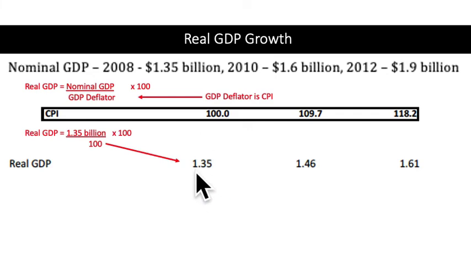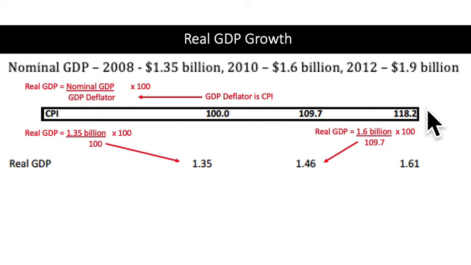So there's no backing out of prices because that's our original data. But if we look at 2010, our real GDP is 1.46 billion, which is the 1.6 billion nominal GDP divided by the GDP deflator, which is 109.7, which is CPI, which gives us 1.46 billion for real GDP.